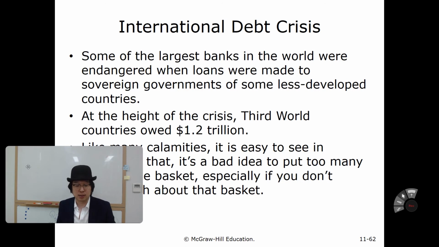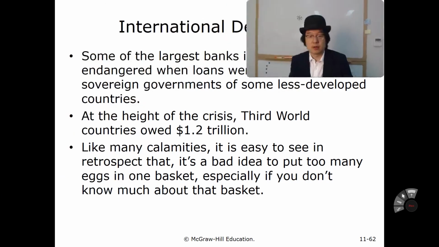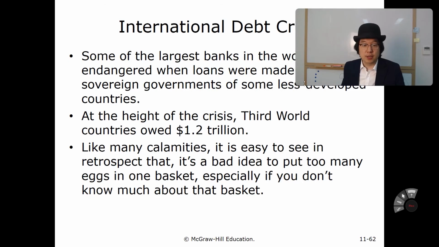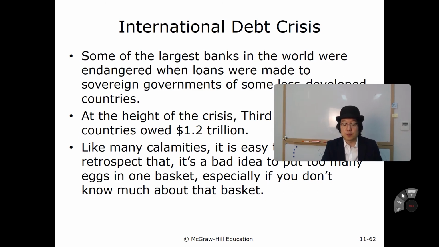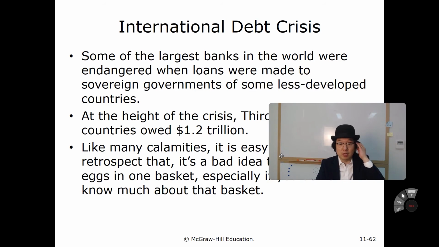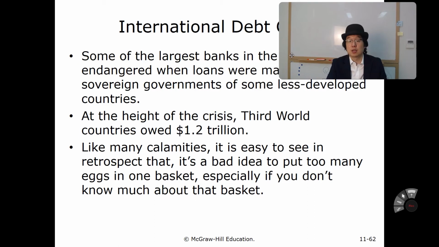Debt crisis. All right, so international debt crisis. Some of the largest banks in the world were endangered when the loans were made to sovereign governments of some less developed countries or emerging market countries.